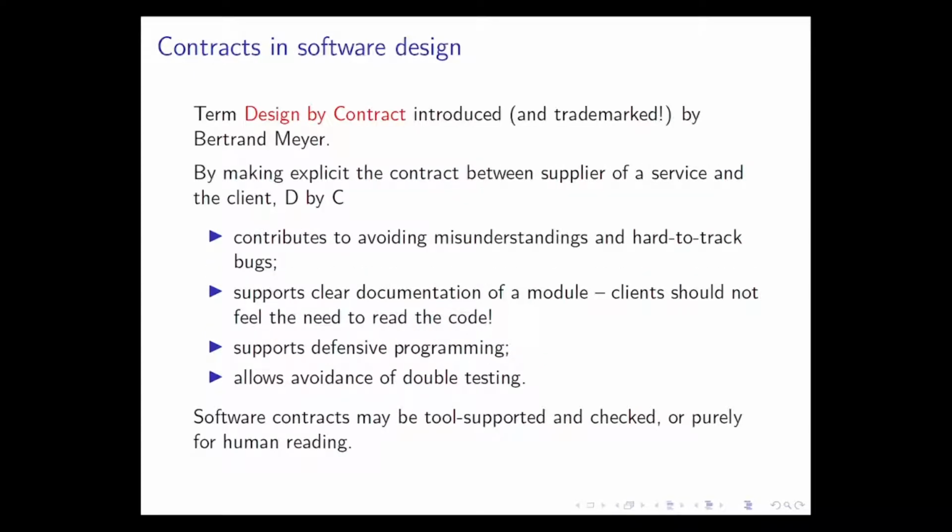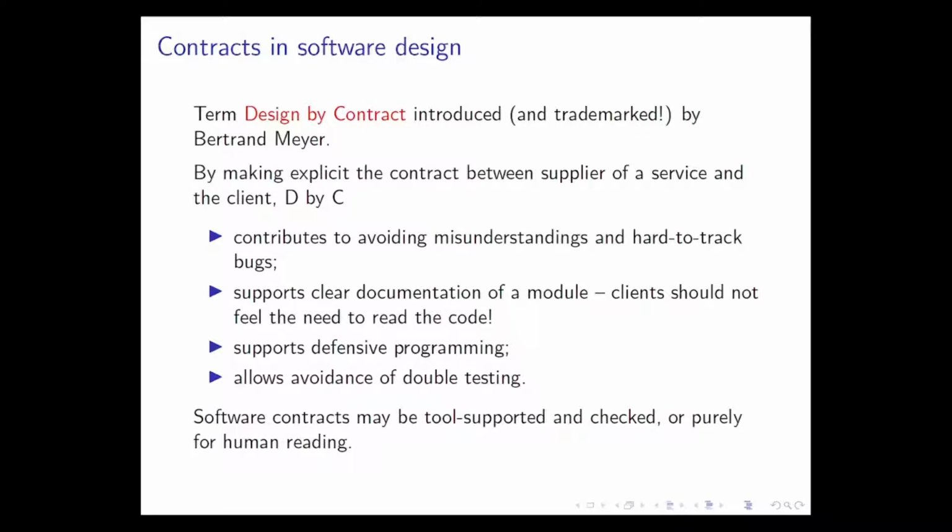So the term design by contract was introduced, and indeed trademarked, by Bertrand Meyer, whose name has come up previously. And the idea here is that you use contracts as an essential part of the design of your software, and you systematically make explicit the contract between the supplier of each software service and its client.